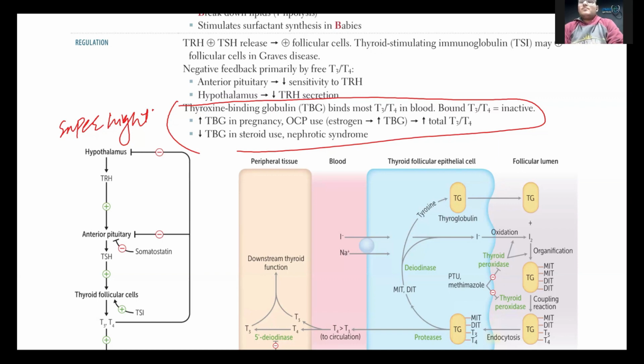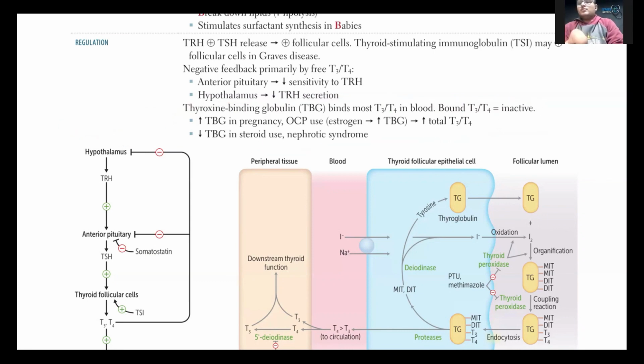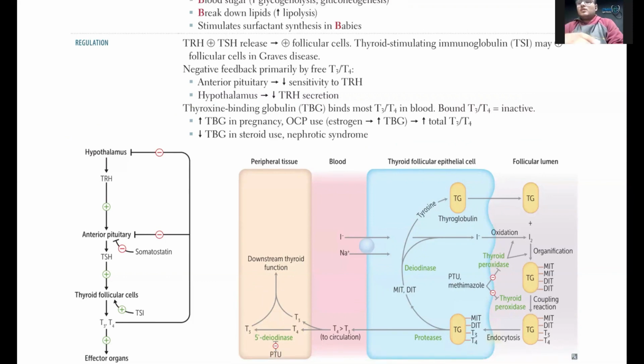One of them is thyroxine binding globulin, basically a protein that is normally present in our body. But there are specific conditions that increase or decrease it, and that alters our T3 and T4 levels in blood. So what are the conditions that increase thyroxine binding globulin, and what are the conditions that decrease it? First, to understand, when there is increased thyroxine binding globulin, what will be the effect? Super high yield exam question.